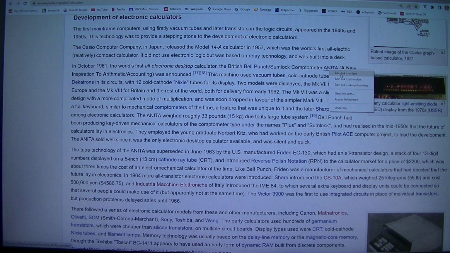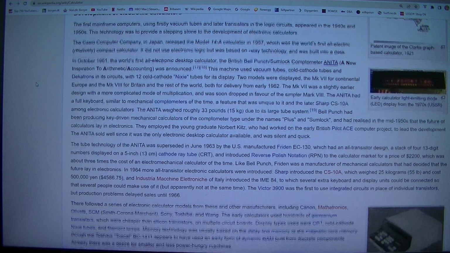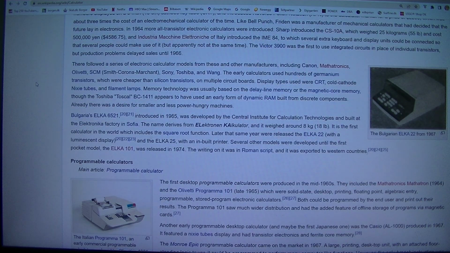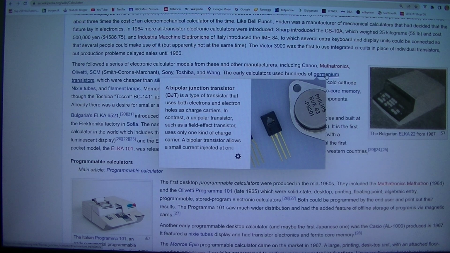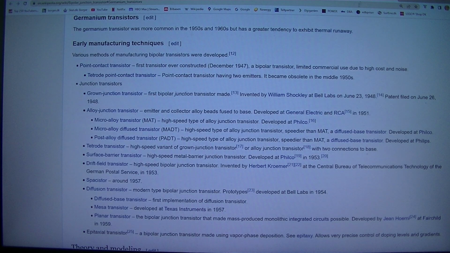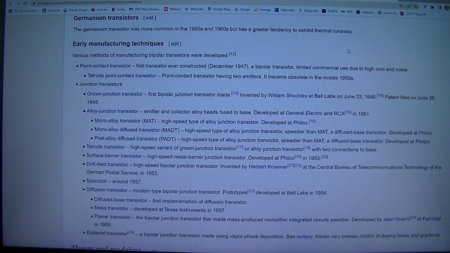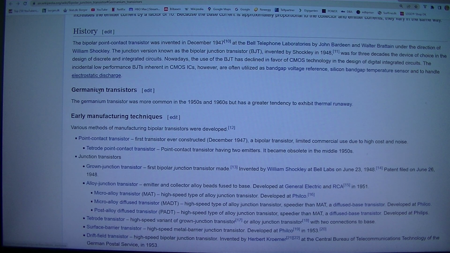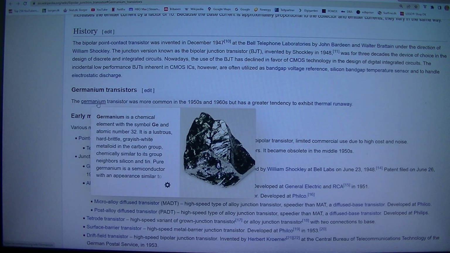And this Anita calculator can do it for fun one day. This one, germanium transistors. Yes, bipolar. Oh, but I have this document, germanium. I have it there.